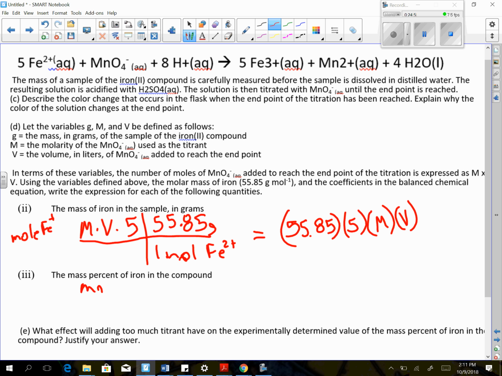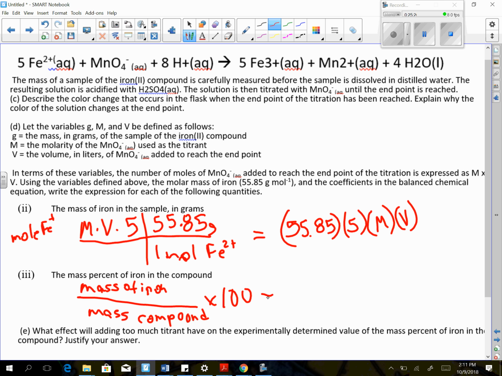We want the mass of iron in the sample divided by the mass of that whole sample, the mass of that whole compound. But we have to write it times 100. So that's the part that's iron over the whole, that's the compound.